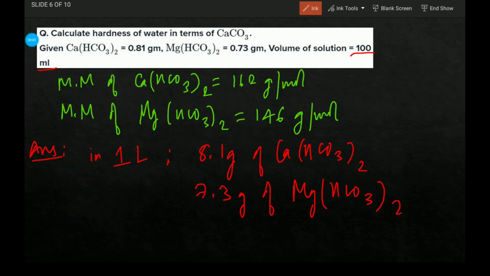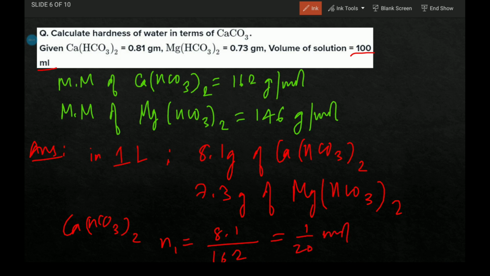So we can now calculate the number of moles of calcium bicarbonate. The number of moles of calcium bicarbonate, N1, is equal to 8.1 divided by the molar mass, that is 162. This is equal to 1 by 20 moles. By extension, we can say that 1 by 20 moles of Ca2 plus ion is present, as we did in the previous question.